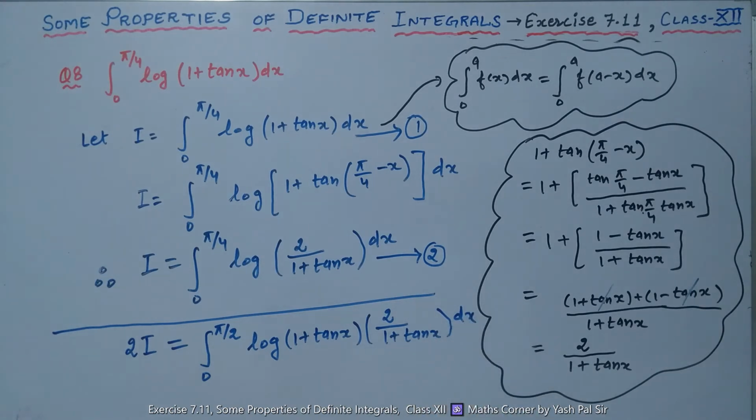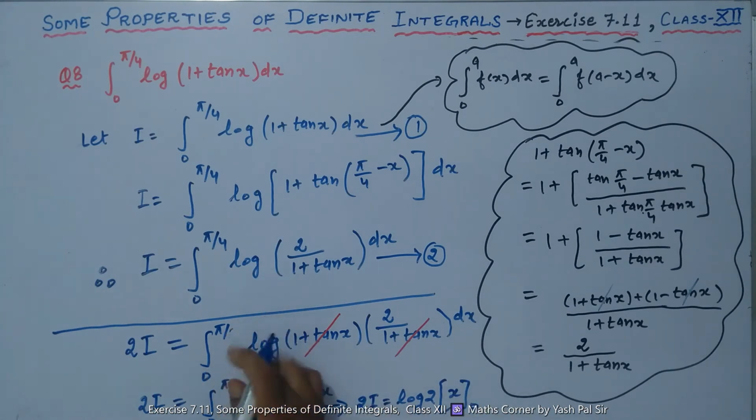Now what happens? This 1 plus tangent x in numerator and denominator is cancelled. So we are left with 2I is equal to the integral from 0 to pi by 4 of log of 2 into dx. So finally we have 2I is equal to log 2 taken outside, the integration of 1 is x, from 0 to pi by 4.